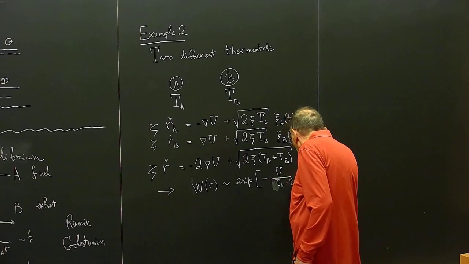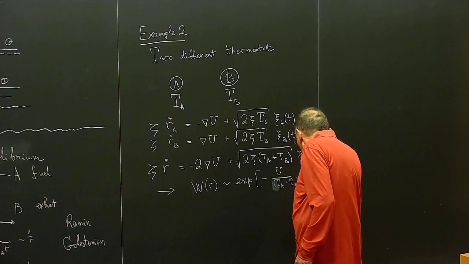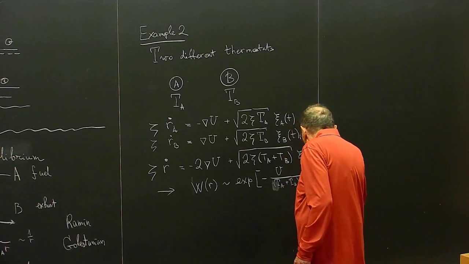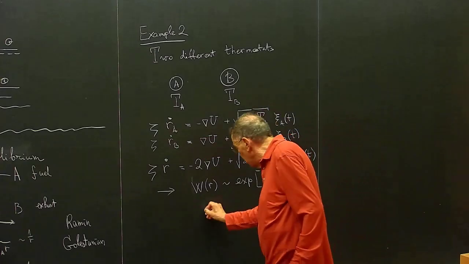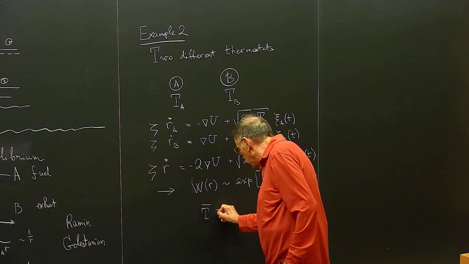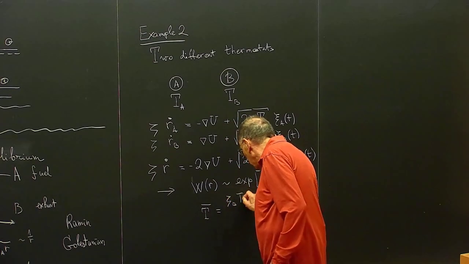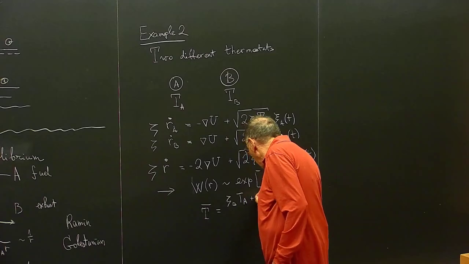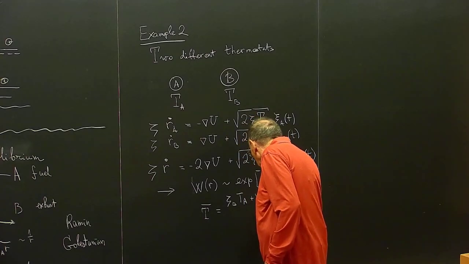So this is like a Boltzmann distribution, but with a new temperature. If these two friction coefficients were different, then the algebra would be slightly more challenging, but still doable, and the result will be like this.